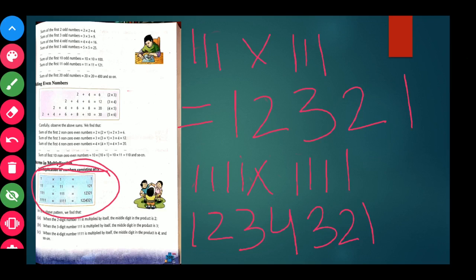Now taking another example, let us understand. If 11111 times 11111 is given, then what will be the answer? If 5 ones are given, then count up to 5: 1, 2, 3, 4, 5, and then back counting. After 5 what comes? 4.